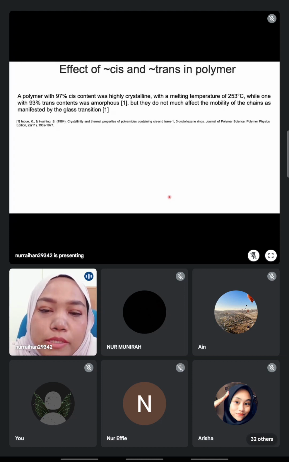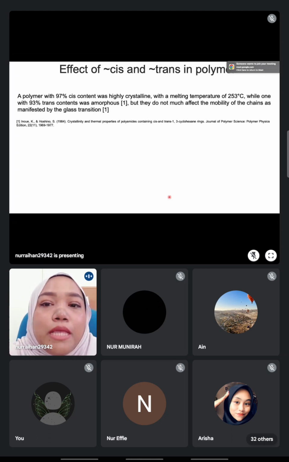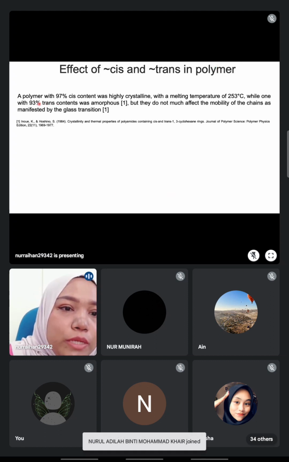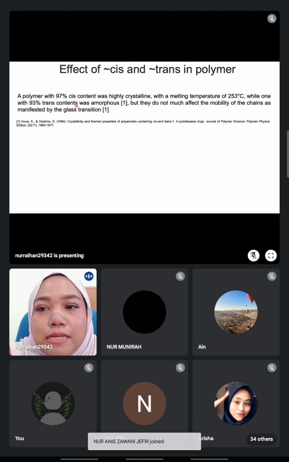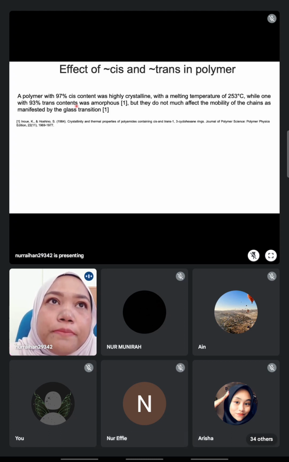When you want to process the cis polymer, you need to apply high energy because the melting point will be higher. Meanwhile, a polymer that contains about 93% trans content is considered amorphous. So they will be more flexible, because they have more trans content.